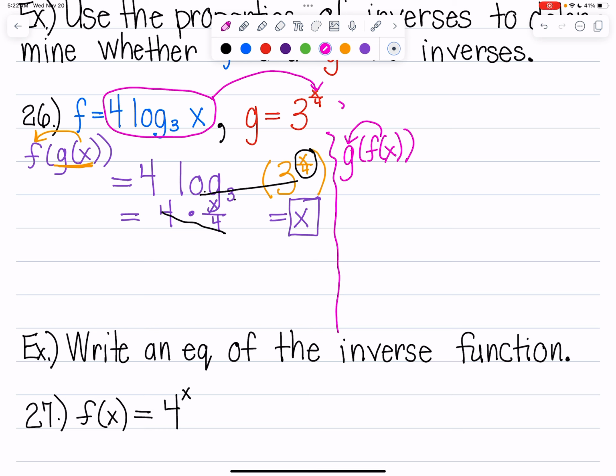So let's do it. When I plug it in, we get 3 raised to the, see, it's a power, right? So 3 raised to the, right at the very top of that power, which is the x, I got to put f of x in there. So we're going to do right here, because this is the power, 4 log base 3 of x over 4.